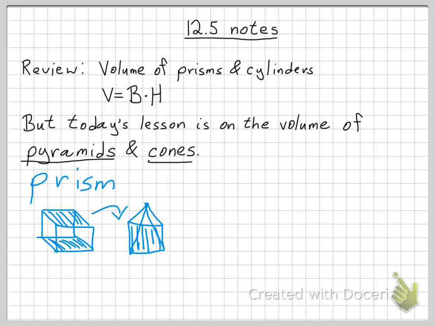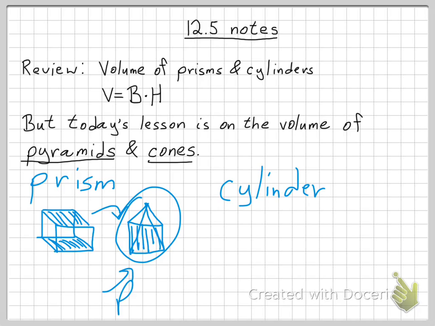And they're related. If the area of the base is the same, there's a relationship. We'll go over that in just a moment, but I just wanted to give you a quick review of what a pyramid is, and then also a cylinder versus a cone. So a cylinder, okay, and that's a prism, and I should probably write that that's a pyramid. A cylinder has a circular base and another circular base.